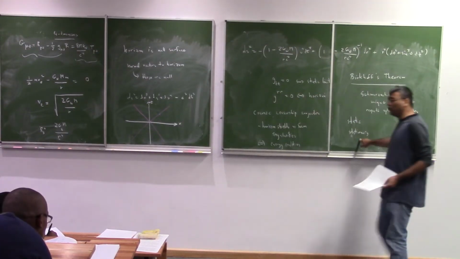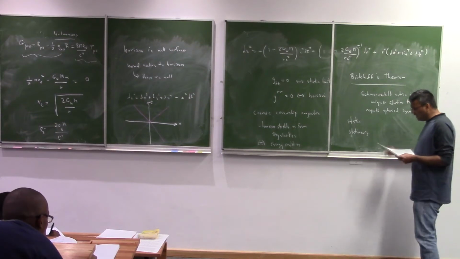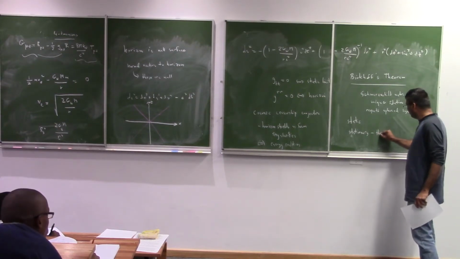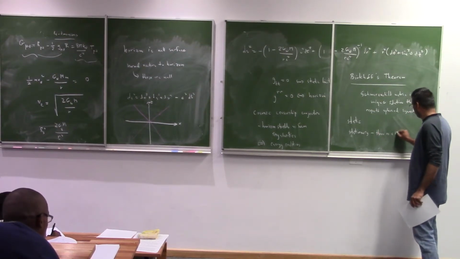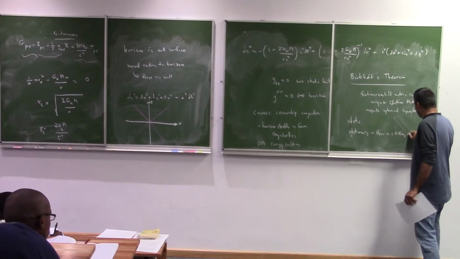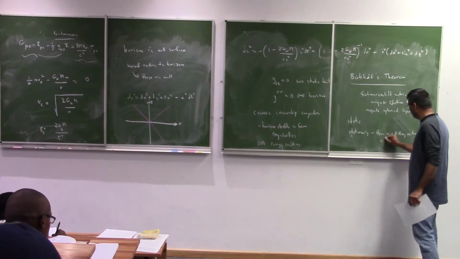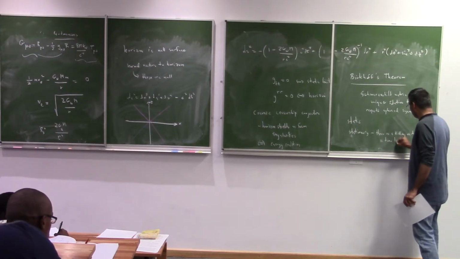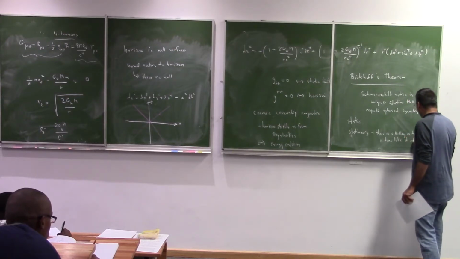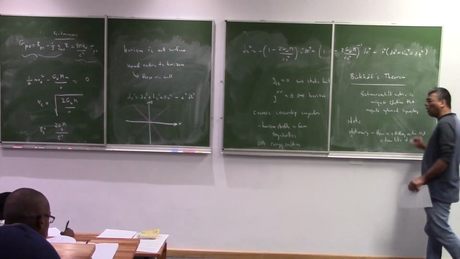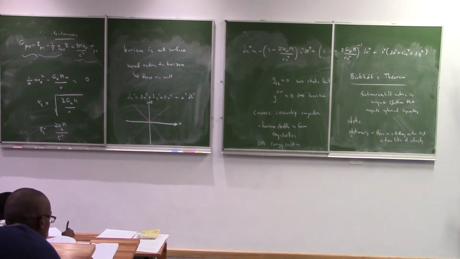For a stationary solution, what this means is there's a Killing vector that is time-like at infinity. So in other words, at infinity there is a well-defined notion of time translations.